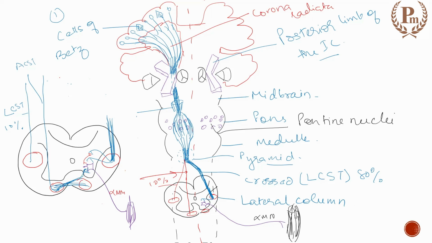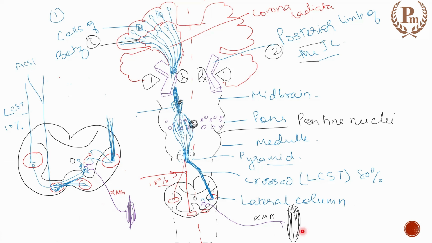How about these fibers? They also will cross over and form the interneurons, the internuncial cells, and these cells are going to go to the alpha motor neuron. This is the journey of the corticospinal tract, or the pyramidal tract.